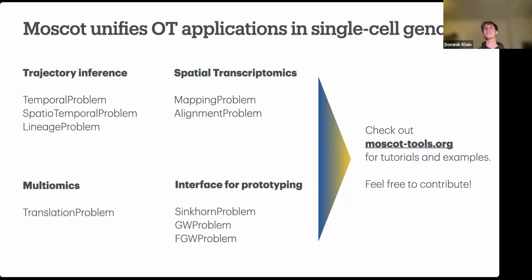You have these nice downstream aggregation schemes like the Sankey plots or the aggregated cell type transitions. So if you feel like there's a cool problem which you could address with optimal transport, please feel free to use those interfaces. For example, we have a tutorial on how to use the Sinkhorn problem, which is a generic problem for linear optimal transport or Wasserstein optimal transport problems, how to use that for perturbation analysis. So just go and check out the website for tutorials and examples. And obviously feel free to contribute. We want to make it a community effort.